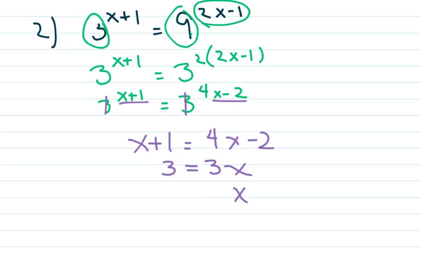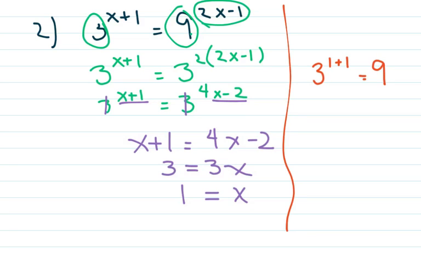So x equals 1. And indeed, if I go through here and plug in 1, I'm going to get 3 to the 1 plus 1 equals 9 to the 2 times 1 is 2 minus 1. So 3 squared equals 9 to the first power, and it checks. Or 9 equals 9.